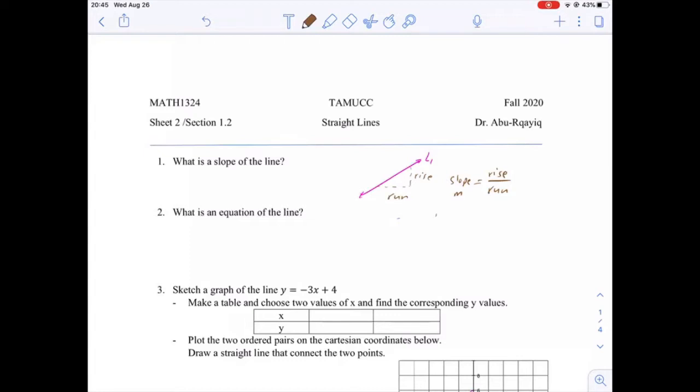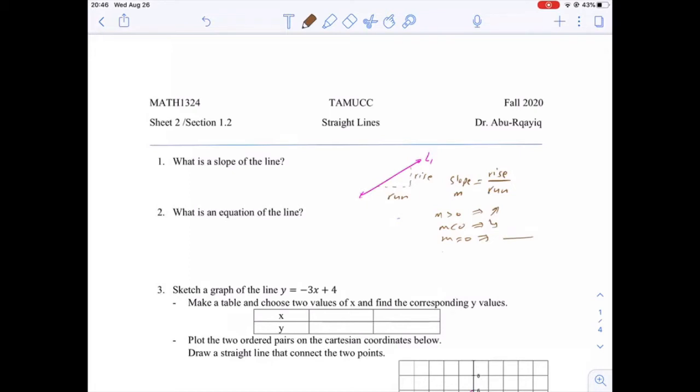If m is greater than 0, that means the slope is positive and the line is increasing. If it's less than 0, then the line is decreasing. If it's 0, then the line is horizontal.